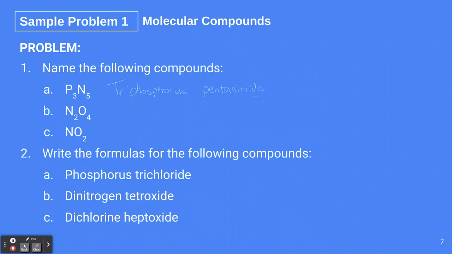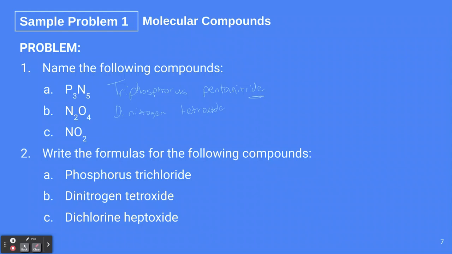Make sure that you change that ending to IDE. Now the next one, we've got 2 nitrogens and 4 oxygens, so dinitrogen, and then we need tetroxide.